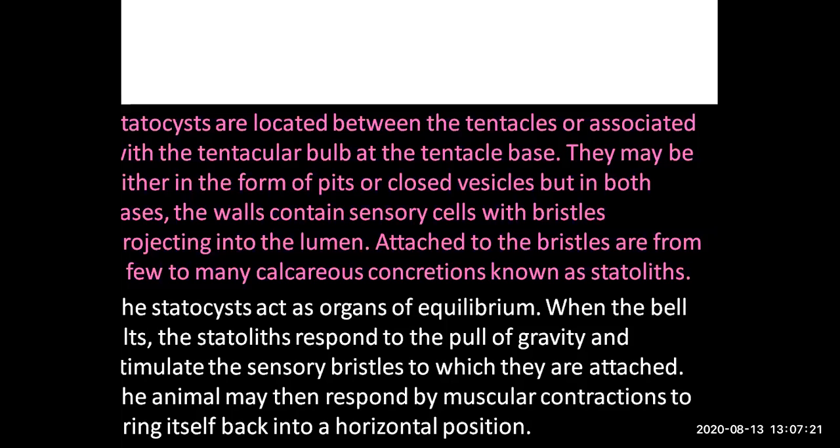projecting into the lumen, attached to the bristle or formed into many calcareous concretions known as statoliths. The statocysts act as the organ of equilibrium.